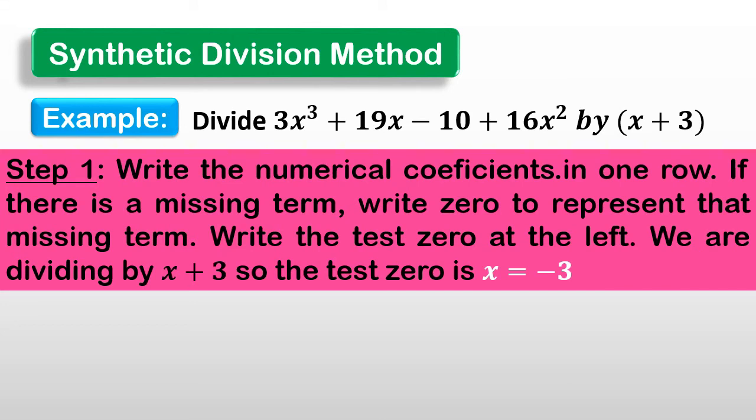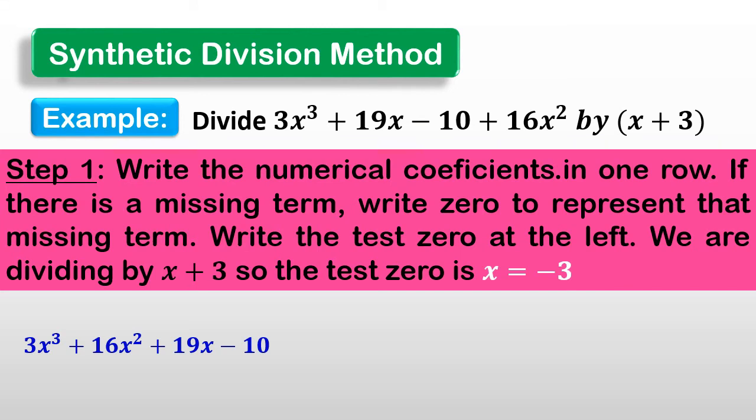To make it easier to understand, the first thing we need to do is arrange our dividend. So, it will become 3x cubed plus 16x squared plus 19x minus 10. So, why do we need to arrange it?